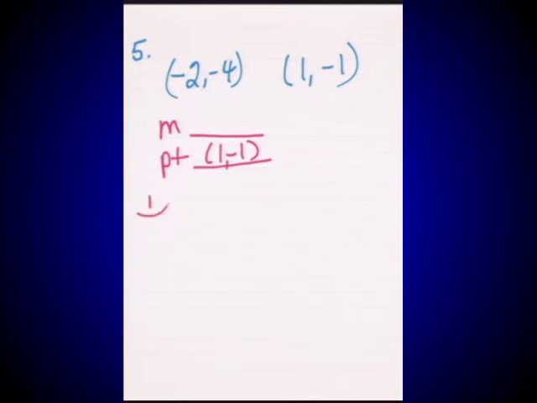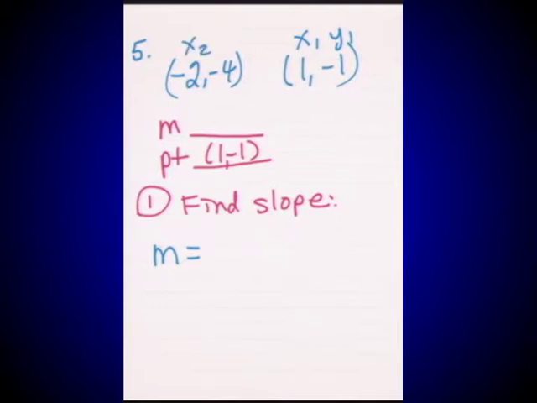So we said we were going to have to find the slope, so that's our first step. Find the slope. I think we know how to do that. So let's say m equals y sub 2. Well, maybe we better label these points. Since I chose to use (1, -1) already, I'll call it my first x and y. And I'll call this my second x and y, the (-2, -4). So now y sub 2, negative 4, minus in the formula, y sub 1, minus 1.